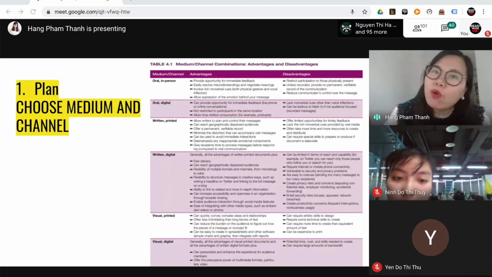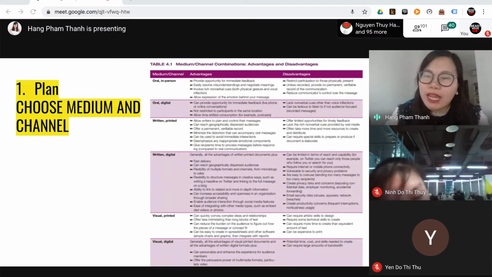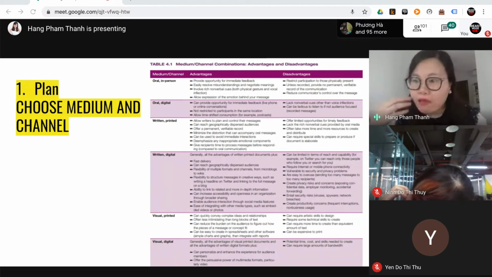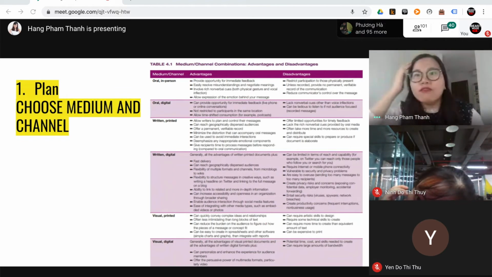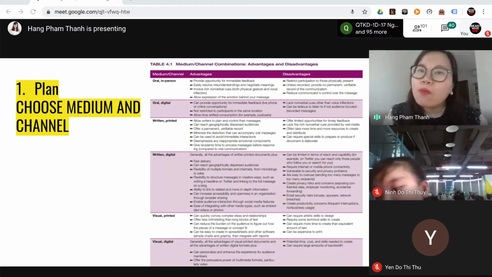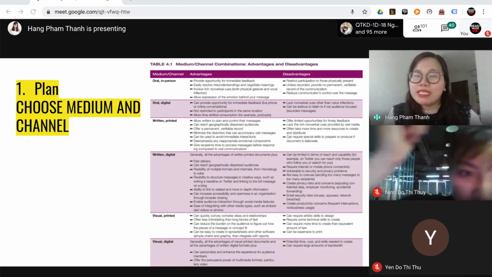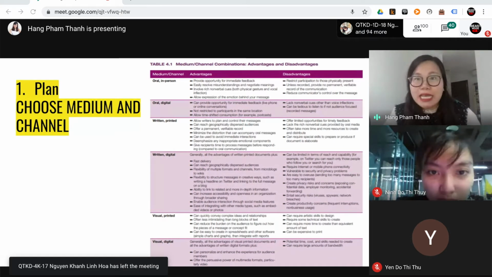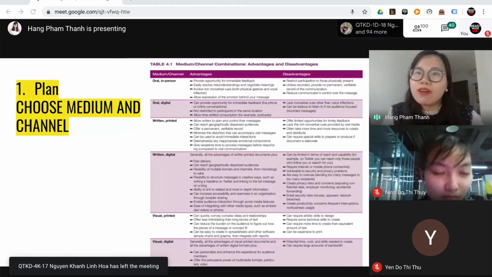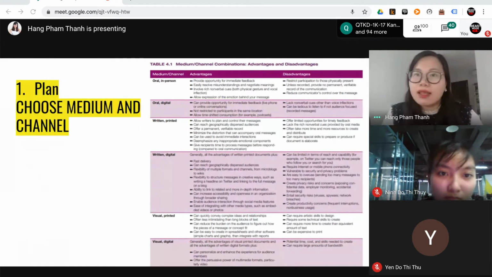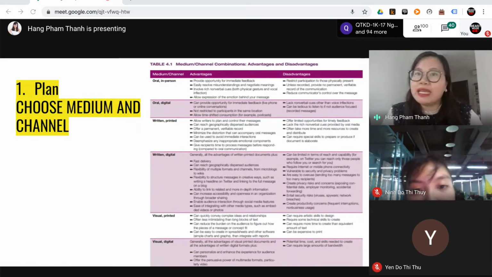So, for example, if you convey the message orally, in person, face to face with the person, what are the advantages here? Firstly, it will provide opportunity for immediate feedback. For example, if the receiver doesn't really understand your point or wants you to clarify some details in the message, they can ask you directly and immediately, right?